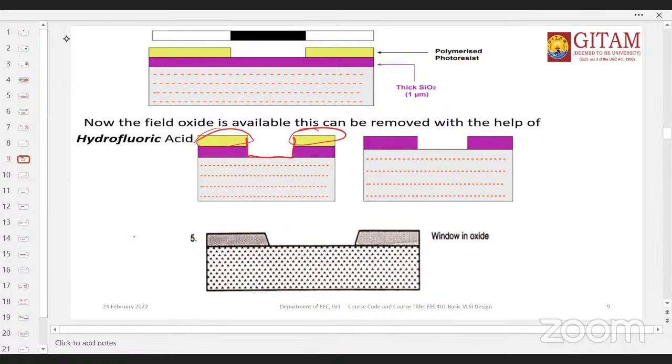It's not possible to get directly something like this, as the textbooks show. It's not like that. Some kind of curved nature will be there, because steep profiles cannot be realized. That's the reason why they have done something like that.